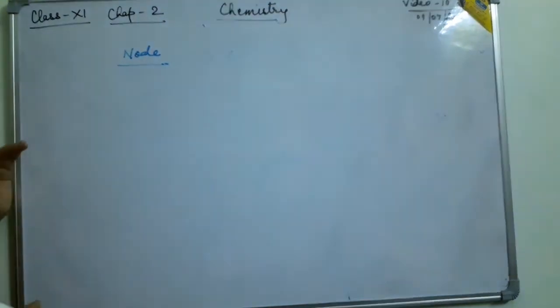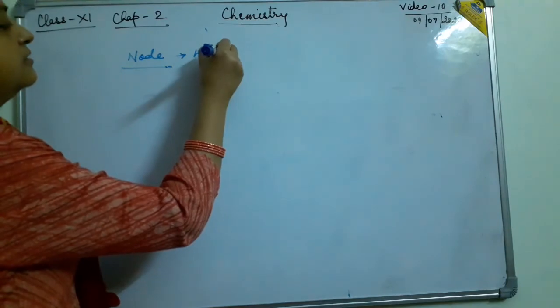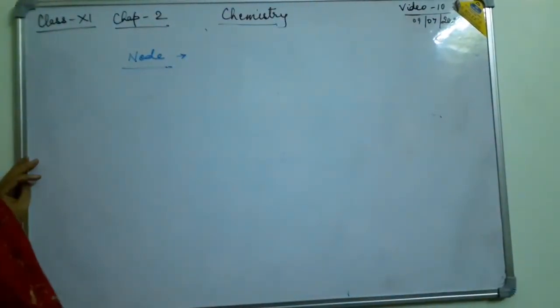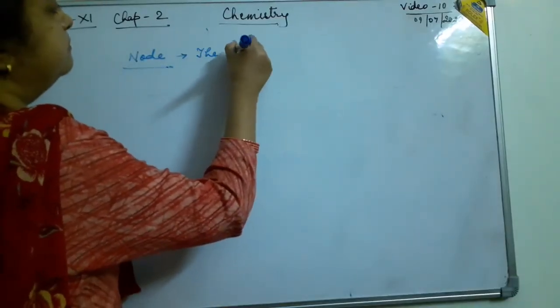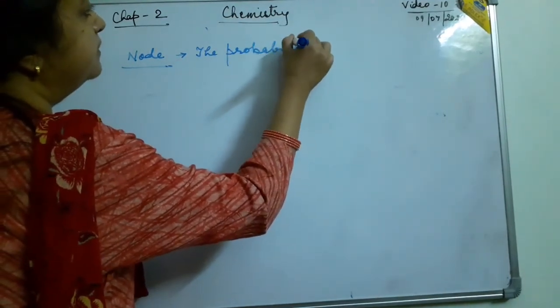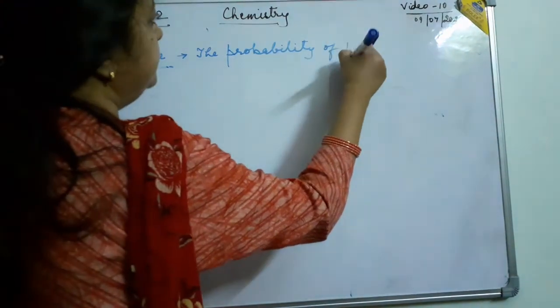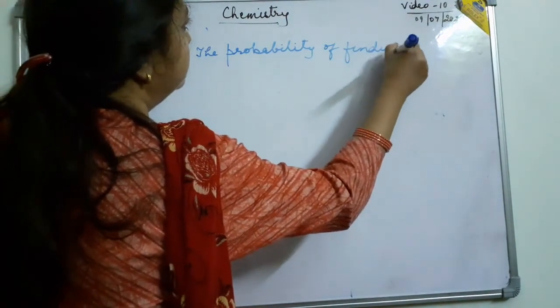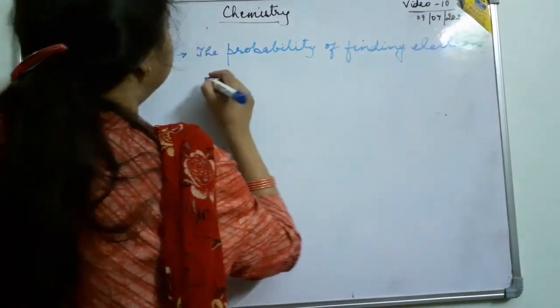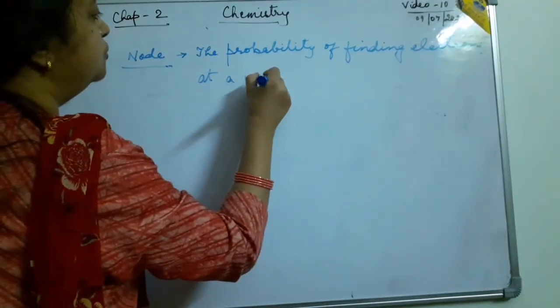A node is where there is no probability of finding an electron. The probability of finding electrons at a node is 0.